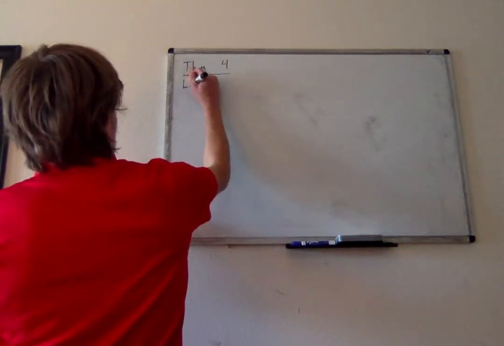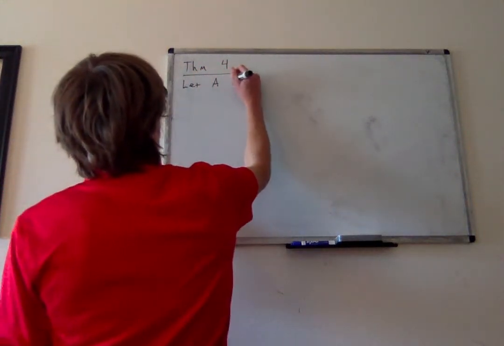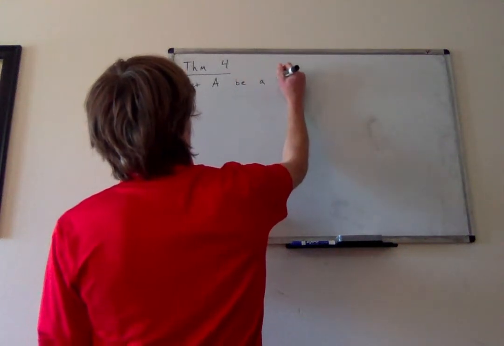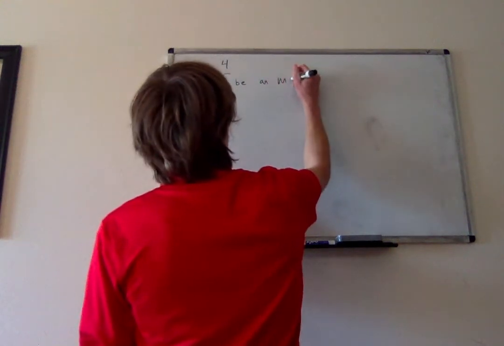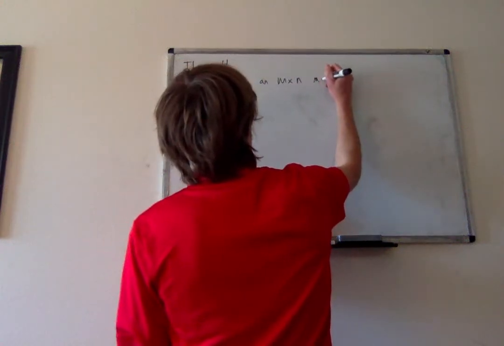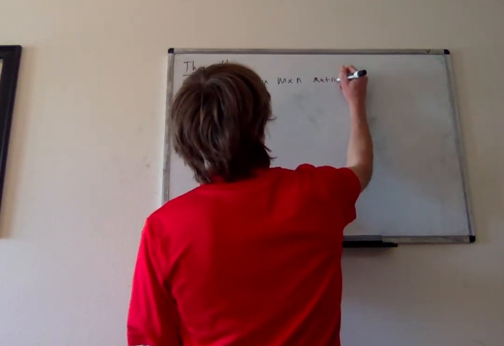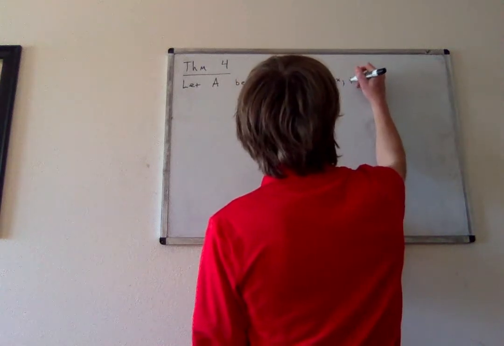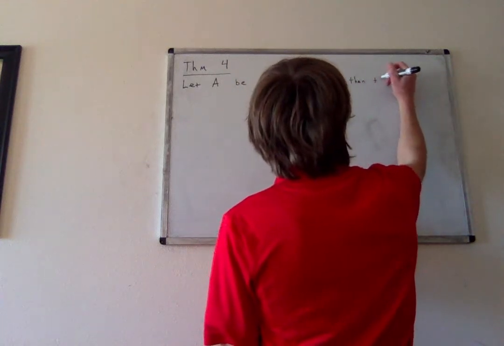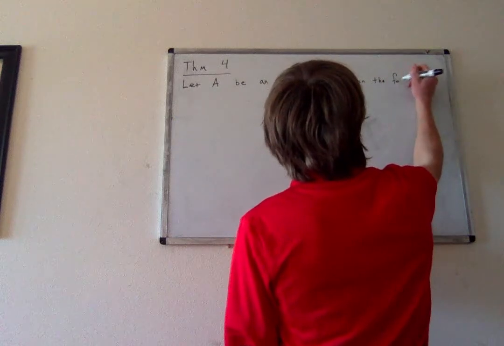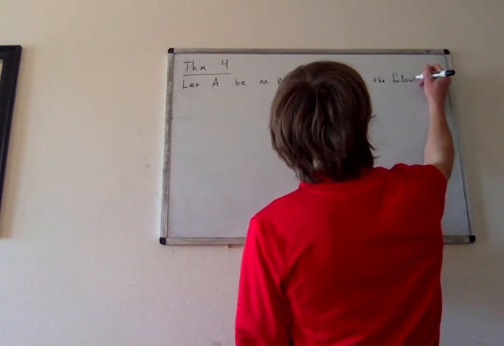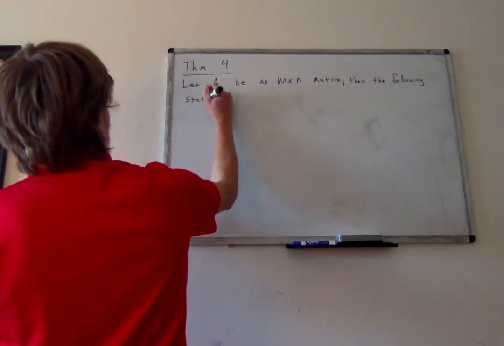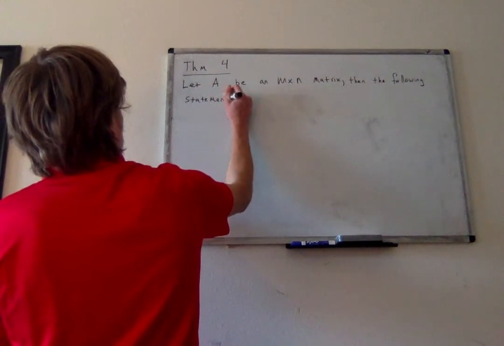So if A is an m by n matrix, then the following statements are equivalent. And saying this means that if one of these statements is true, then they are all true. And if one of these statements is false, then they are all false.